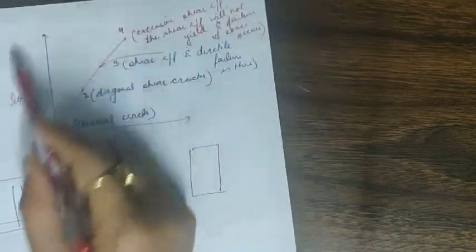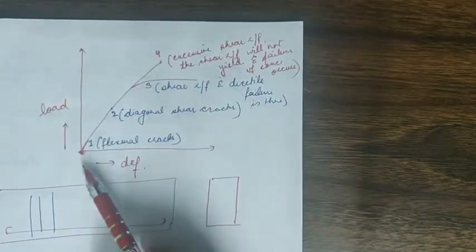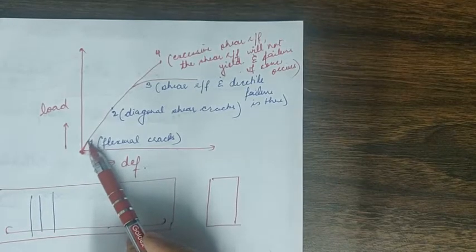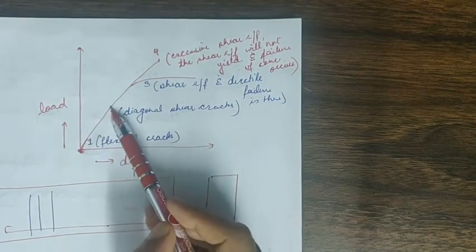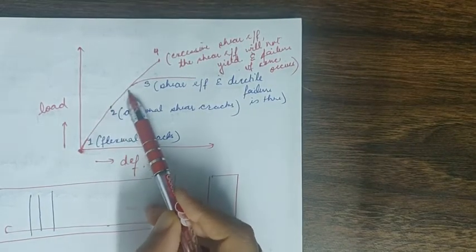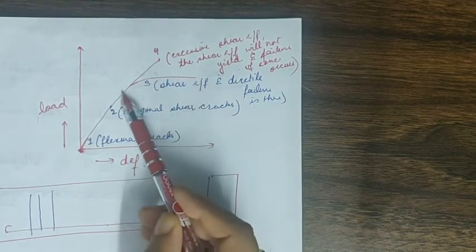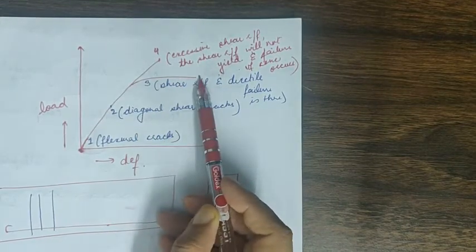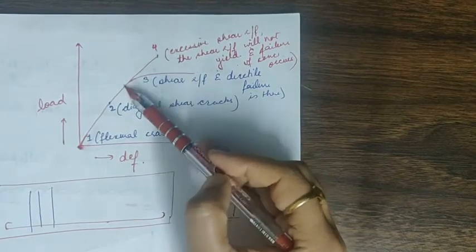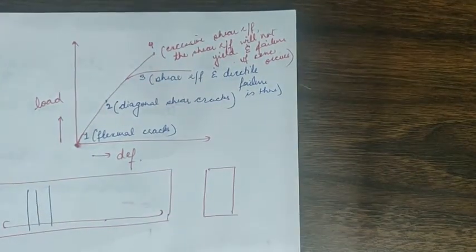So I hope you understand what kind of failures will occur when you are not providing longitudinal reinforcement, when you are not providing shear reinforcement, when you have provided shear reinforcement and that too adequate, and when you have provided excessive shear reinforcement.